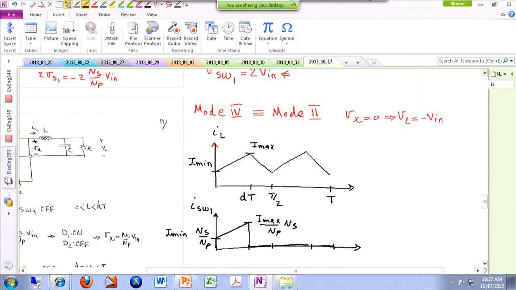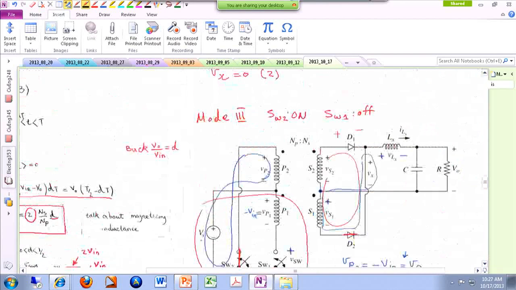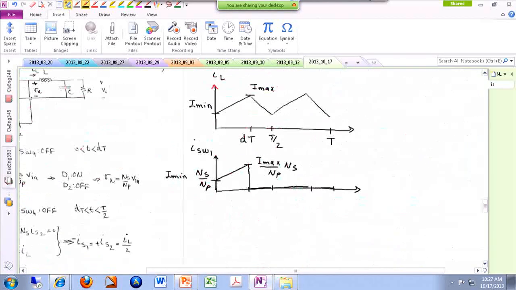Now, let's say you also are curious about the current waveform for this diode, ID1. So let's plot that. Let me superimpose that.